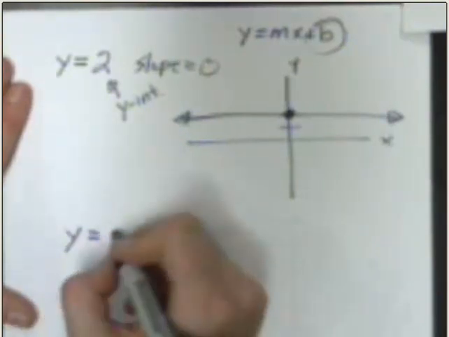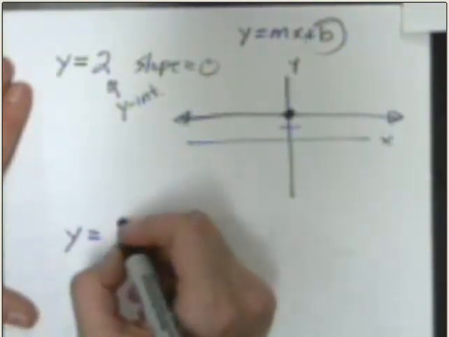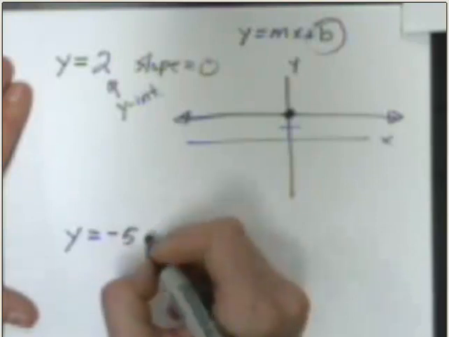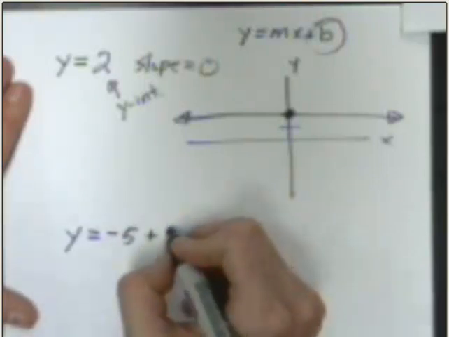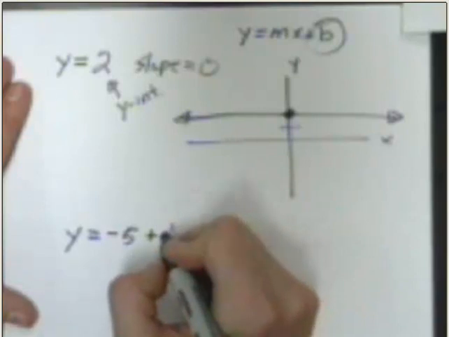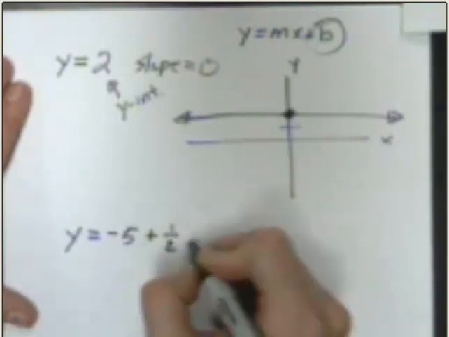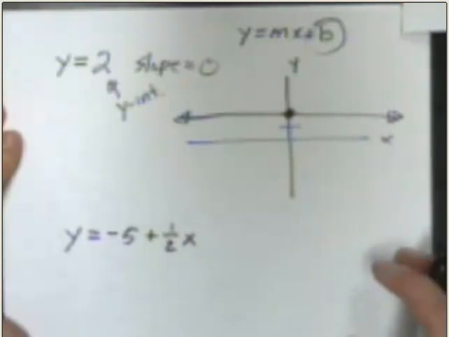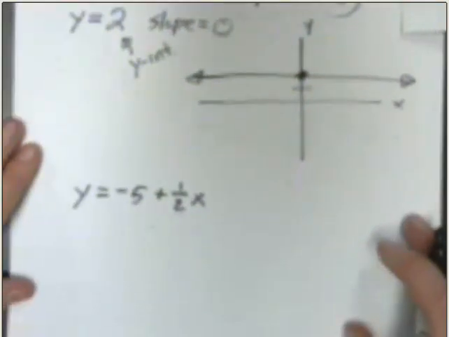Okay. Y is equal to, I'm so uncreative with this, -5 plus 1/2 x. Tell me about this line. What's the y-intercept on this line?